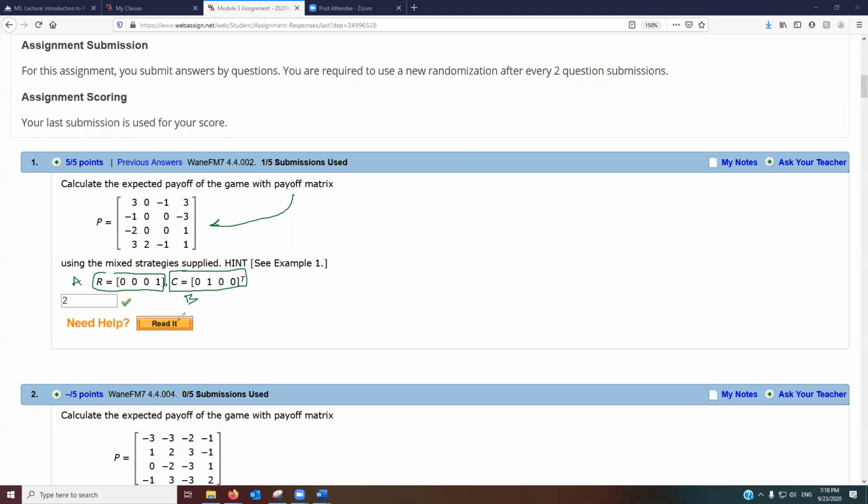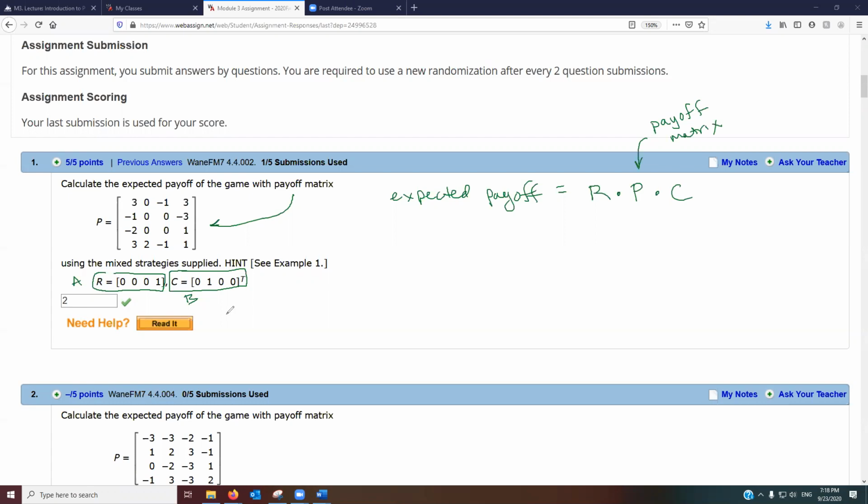We were using player A and player B, but they're using player R and player C. All right, so the expected payoff is defined as taking matrix R times P times C, right? This is the payoff matrix that we're given in the problem.